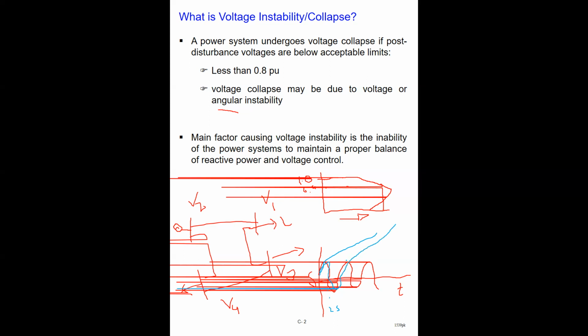So this could be an example of second swing instability. It is possible. So here it could be something like 3 seconds or 3.5 or 4 seconds. So after the first swing or the second swing, the rotor goes out of step with respect to other angles in the buses.